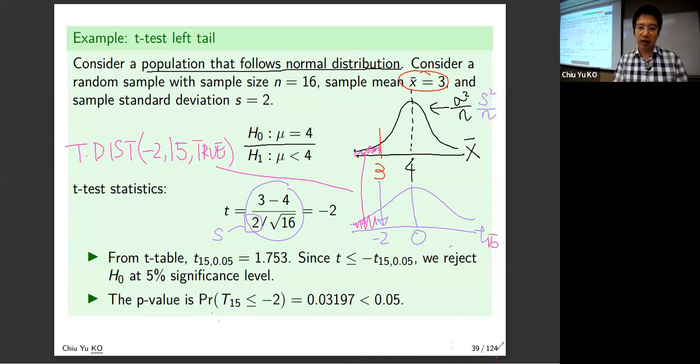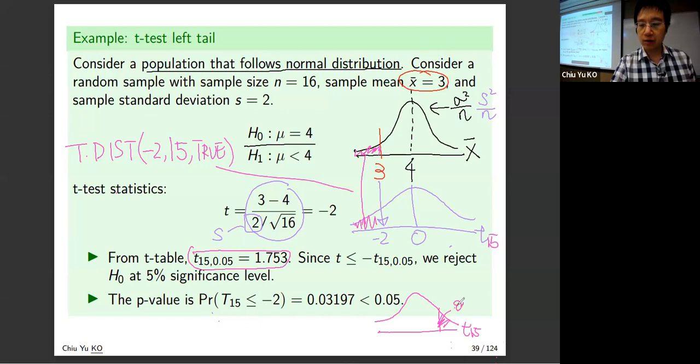The question is why I have a negative, because the notation we have means P15, this is 0.05. So it's the right tail area, and this is positive.